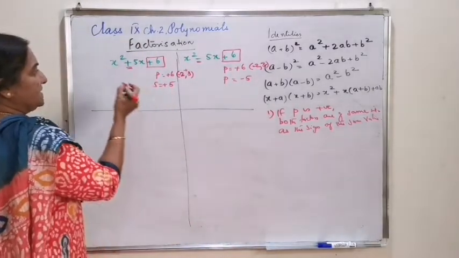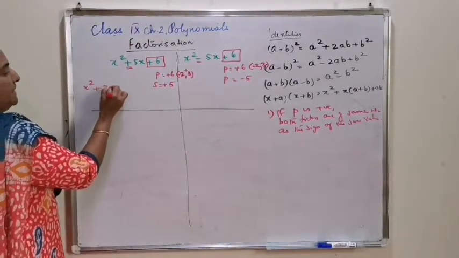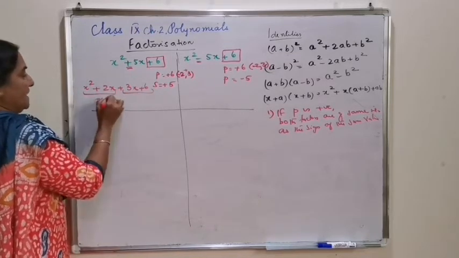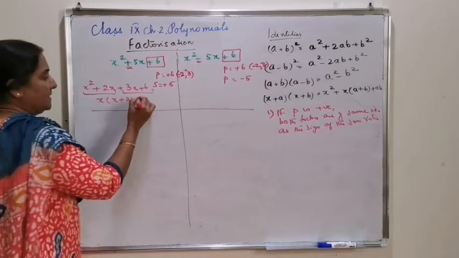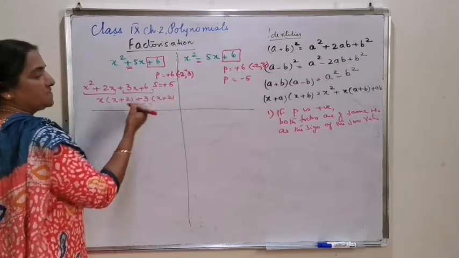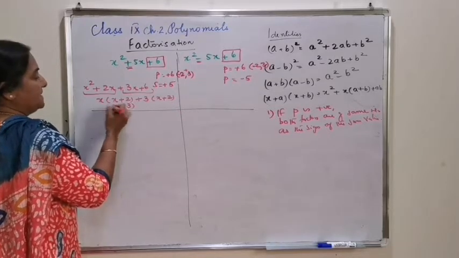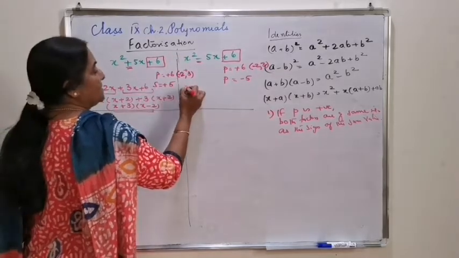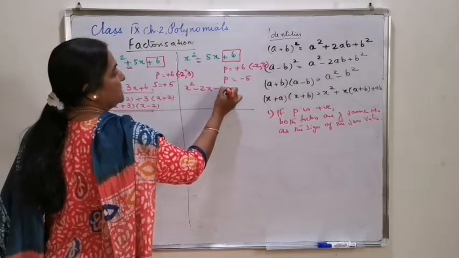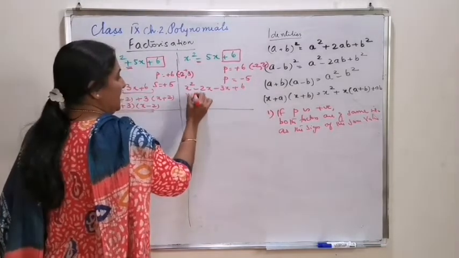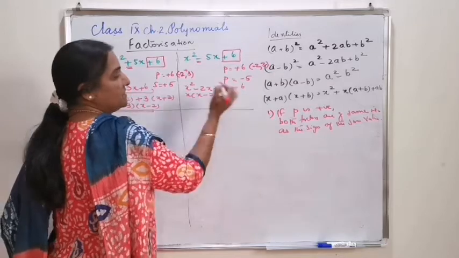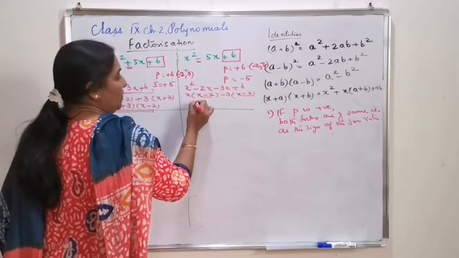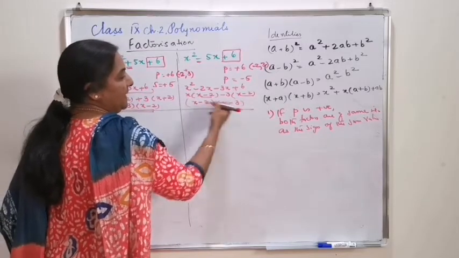Thus, the factorization is done as x square plus 2x plus 3x plus 6, x into x plus 2 plus 3 into x plus 2, or x plus 3 into x plus 2. Similarly, x square minus 2x minus 3x plus 6, x into x minus 2 minus 3 into x minus 2, or x minus 2 into x minus 3.